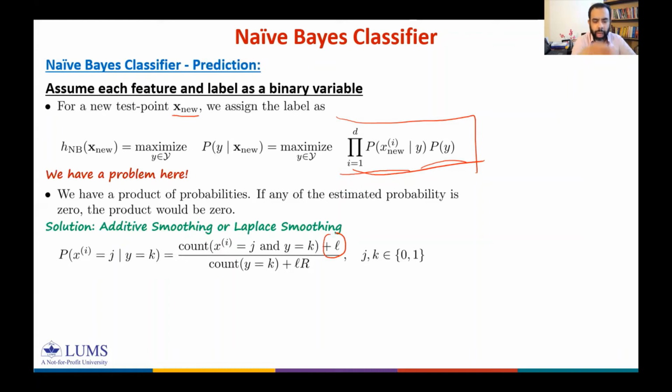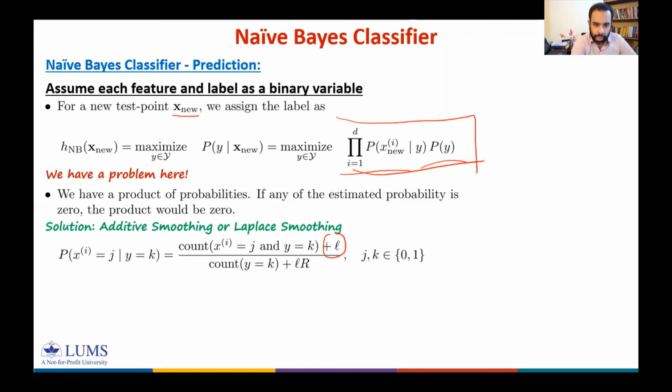In the numerator, we have a count of instances for which xi is equal to j and y is equal to k. If this count is equal to 0, so we don't have this representation in the data, the probability would be 0. But the addition of this L would not make it 0. It will be a very small number, but it won't be 0.